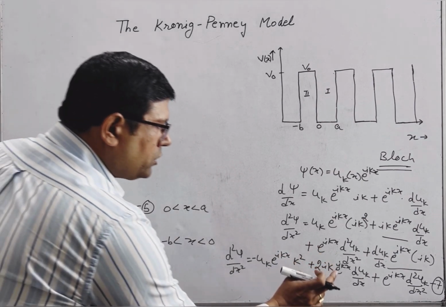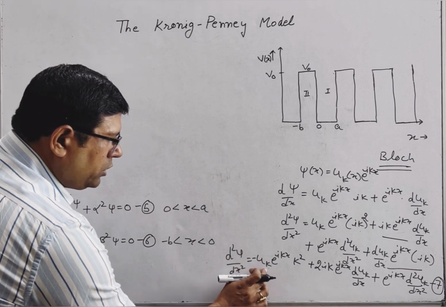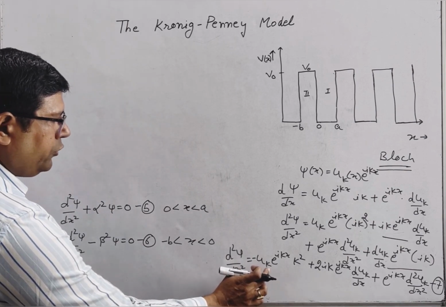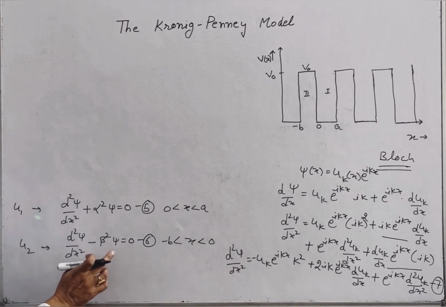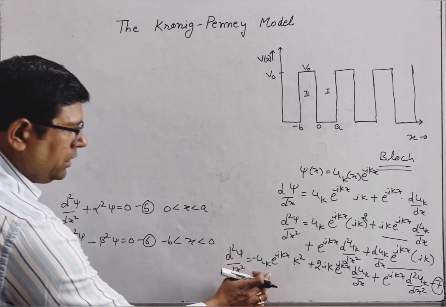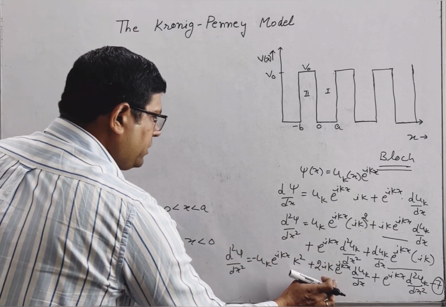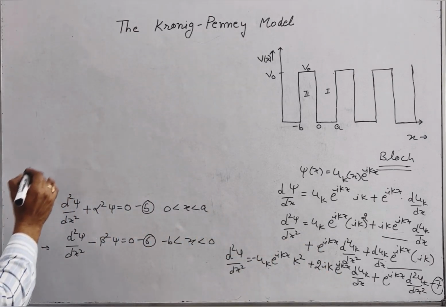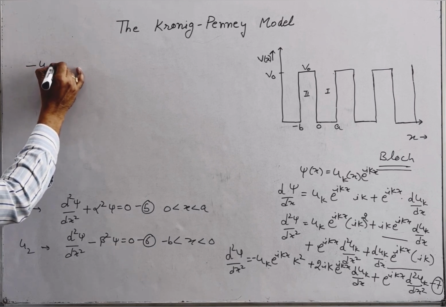So when we put equation number 7 in equation number 5, we will put u1 in place of uk, and when we put this in equation number 6, in place of uk there will be u2.